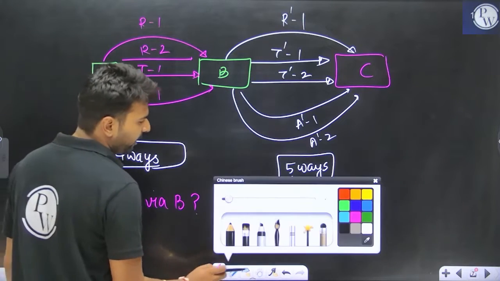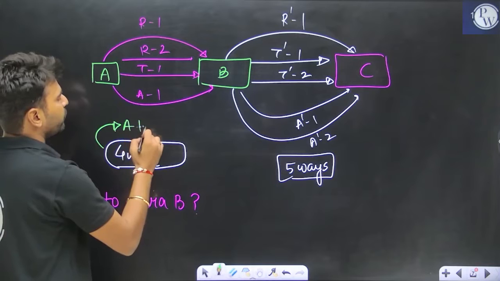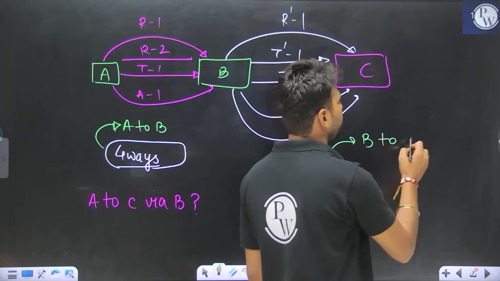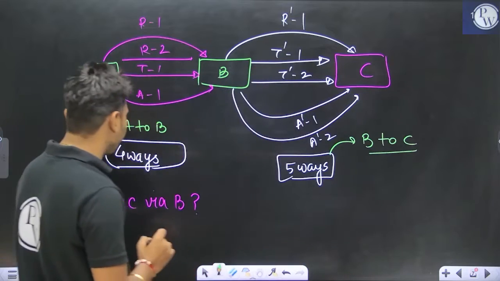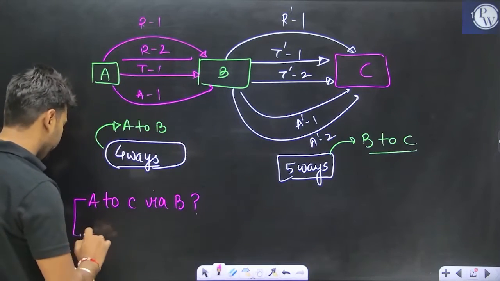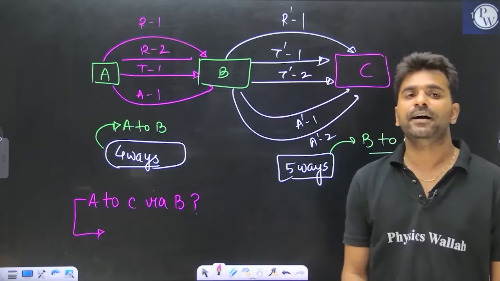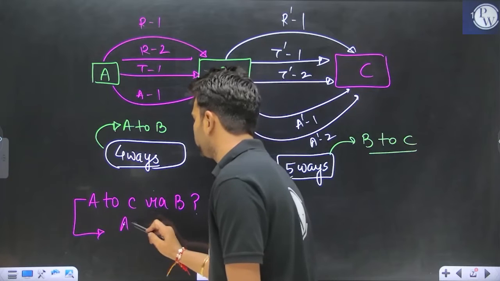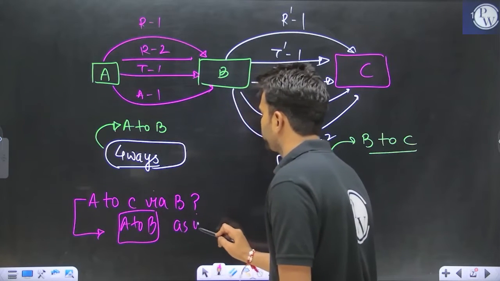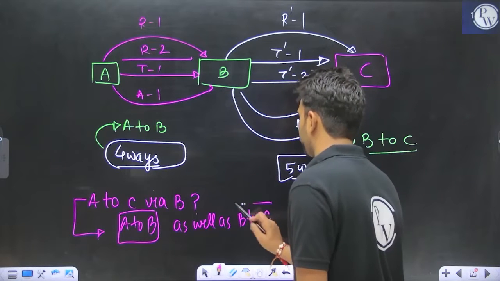A to C via B. This is the number of ways when you are moving from A to B, and this is the number of ways when you are moving from B to C. Now this time I am asking you, if you have to move from A to C via B, how many ways are there? Now look, if you have to move from A to C via B, that means what? You have to do this journey A to B, as well as you have to do this journey B to C. Yes or no? Everyone, do let me know.